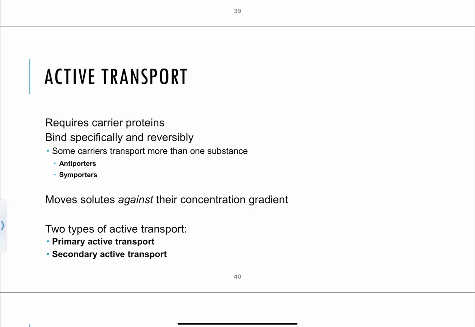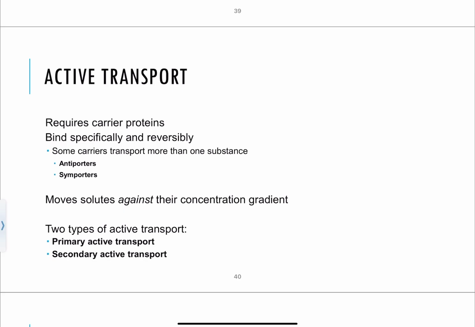So if two substances are moving, one's moving to the inside of the cell while the other one's moving to the outside of the cell. Or we can have symporters in which both of the molecules are moving in the same direction, either both into the cell or both out of the cell. And either way, we're trying to move these solutes against their concentration gradient from an area of low concentration to an area of high concentration, and this is going to require energy in order for it to do.